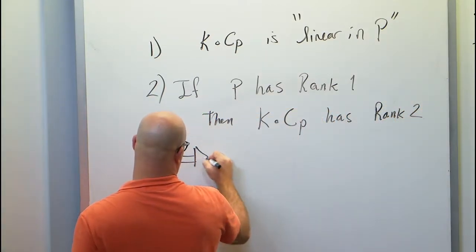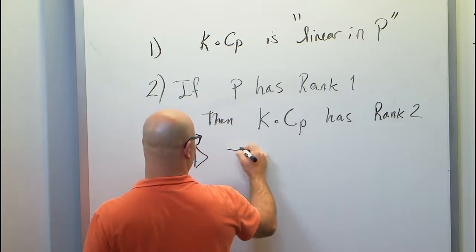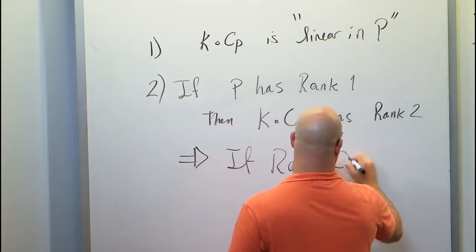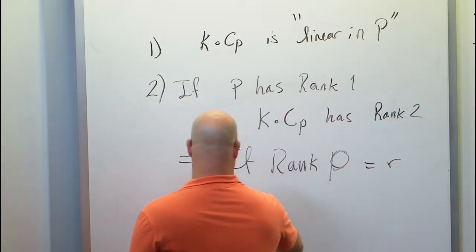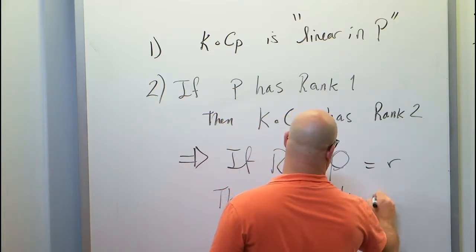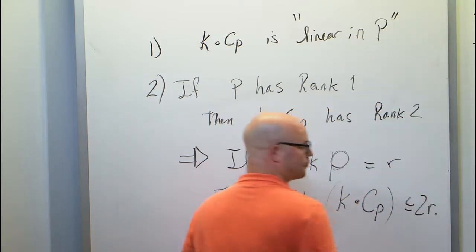So these two facts imply, with the subadditivity of matrix rank, that if the rank of P equals R, then the rank of K twisted is less than or equal to 2R.